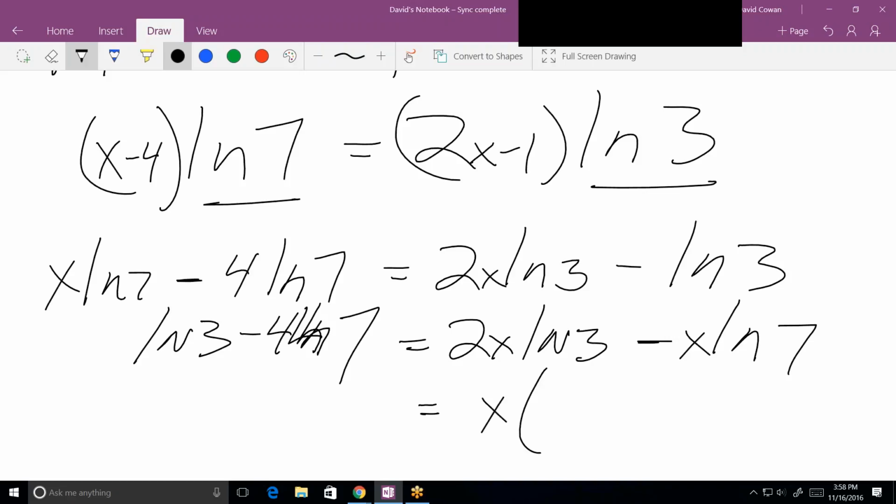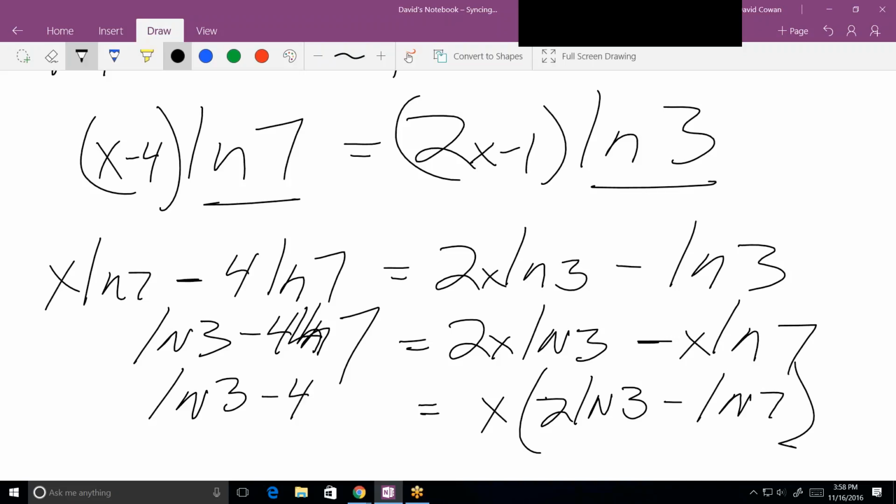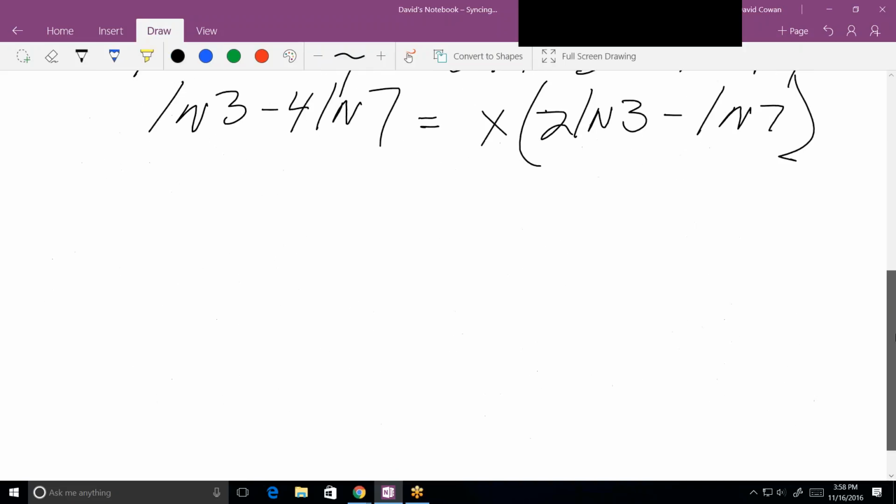When I factor an x out, I'm left with this. Over on the right, I still have natural log of 3 minus 4 natural log of 7. There's only one thing that's not a number in this equation, and that's x.